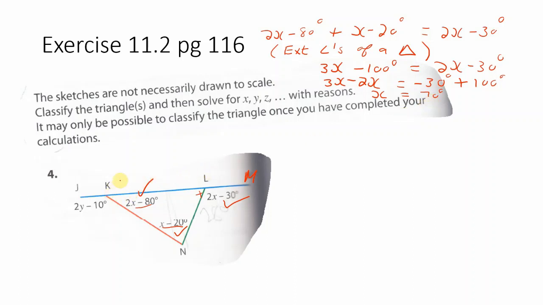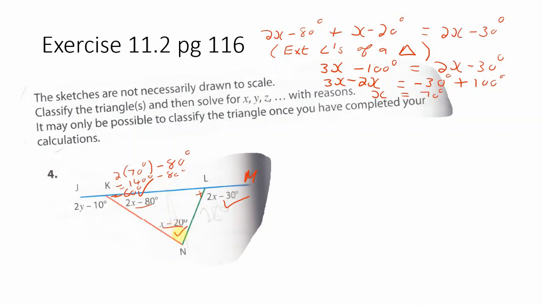So now this angle K is 2 times not x but 70 degrees. And then we still have to subtract the 80 degrees. So 2 times 70 is 140 degrees minus 80 degrees. So 140 minus 80 is in fact 60 degrees.